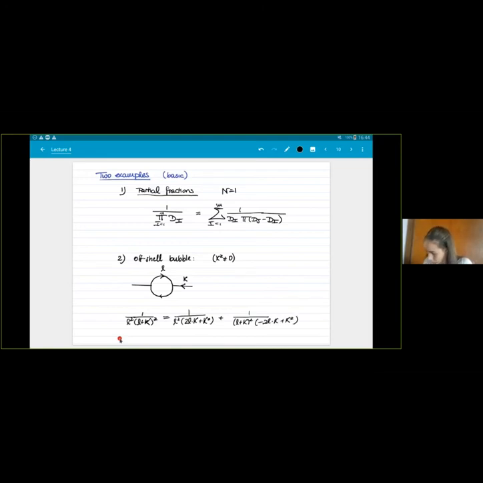Now, shifting the loop momentum L to L minus K in the second term only. Well, the first term we can just recycle. The first term is 1 over L squared, and then with the 2L dot K plus K squared. And then the second term gives us a plus 1 over, just shift here.